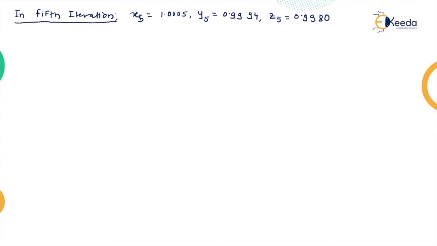Now we take the next iteration, iteration number 6, the sixth iteration.